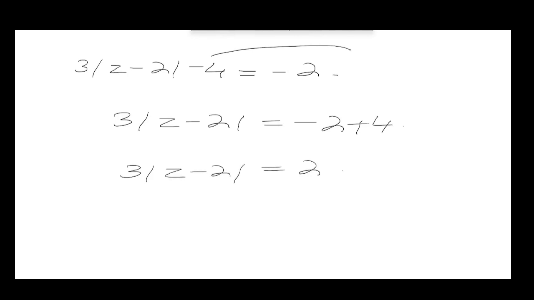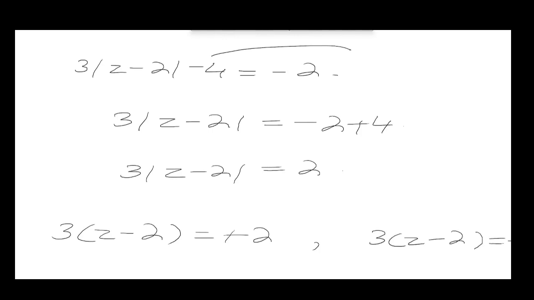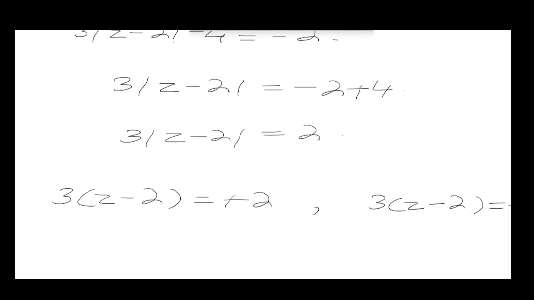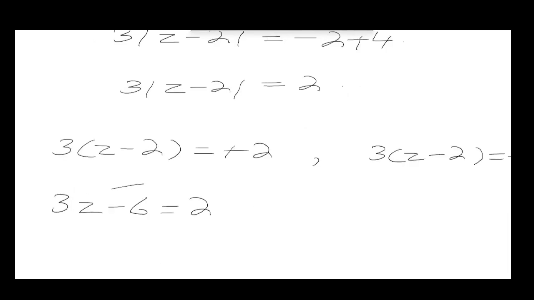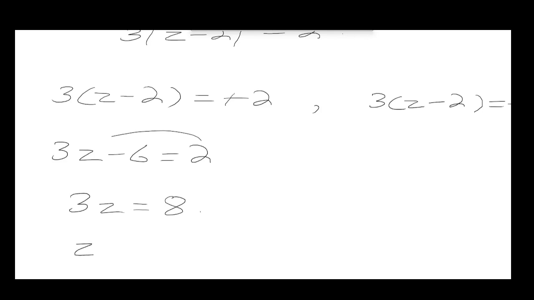When this absolute value gets removed, we will have 3 bracket z minus 2 equal to plus 2, and 3 bracket z minus 2 equal to negative 2. So let's solve for both of the values. Here we will have 3z minus 6 which is equal to 2. So 6 will go to the right. 3z will be equal to 8 since 6 plus 2 is 8, and then z will be 8 divided by 3.